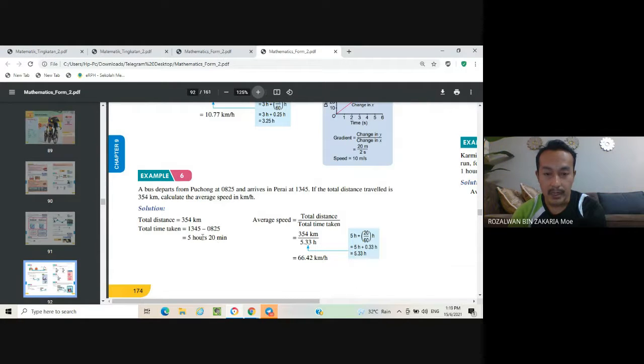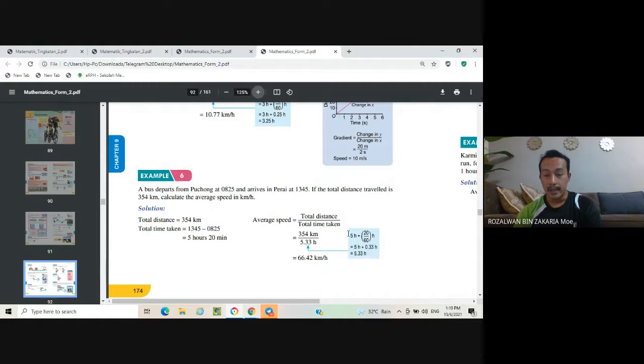Okay, 5 hours 20 minutes. But look here, the question asks you to give the average speed in unit kilometer per hour. That means this 20 minutes, you have to change to hours. So remember how to change minutes to hours, you divide by 60. So 20 divided by 60, you will get 0.33 hours.